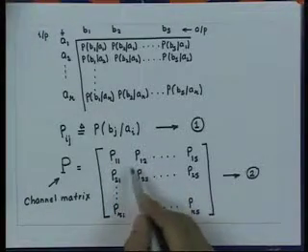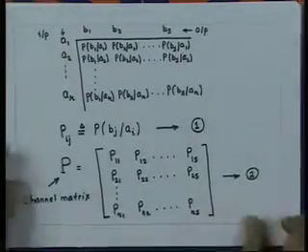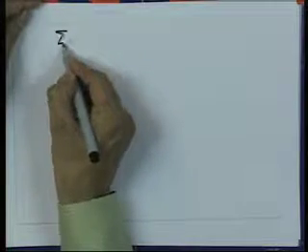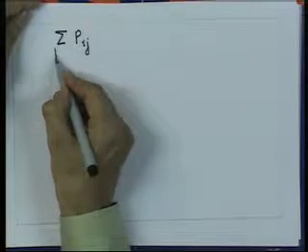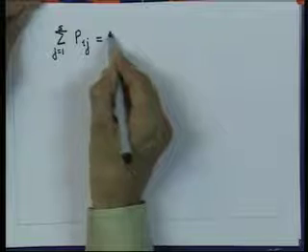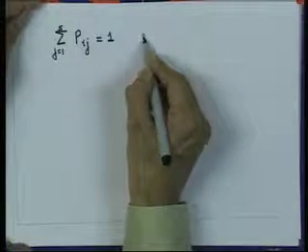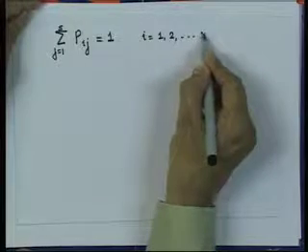So, mathematically what it means is that the sum of Pij, j equal to 1 to s, should be equal to 1 for i equal to 1 up to r.